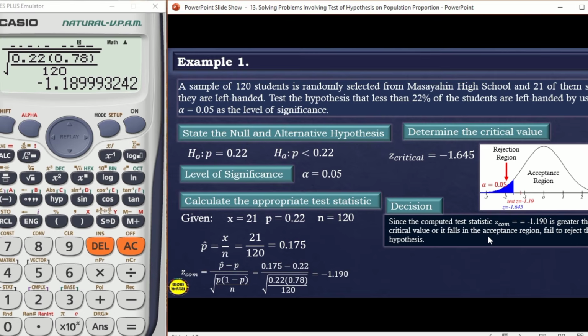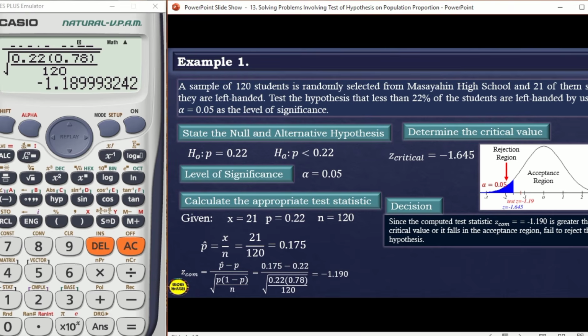Okay, since yung computed value natin ay greater than sa critical value, makikita natin nandito yung computed value natin na negative 1.19. So, greater than siya sa critical value natin ng negative 1.645. Since left-tailed test, kapag greater than yung computed value natin sa critical value, ibig sabihin na sa acceptance region yan.